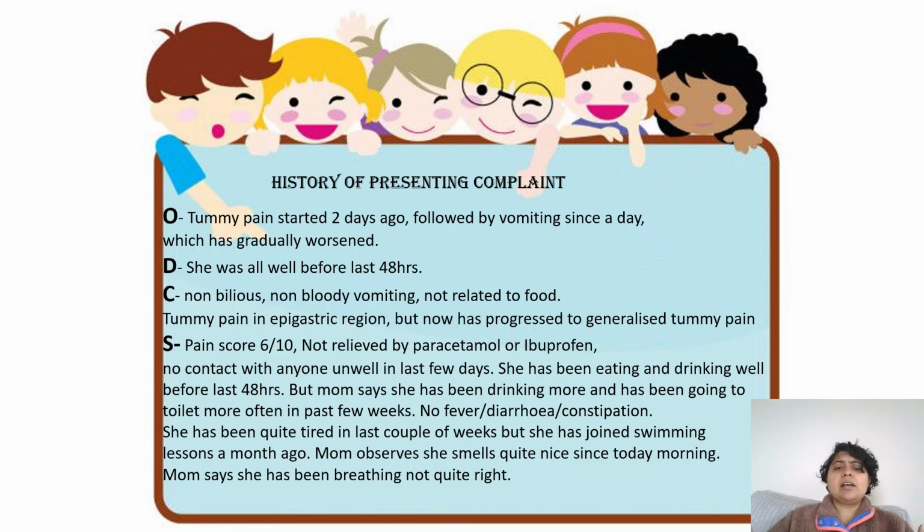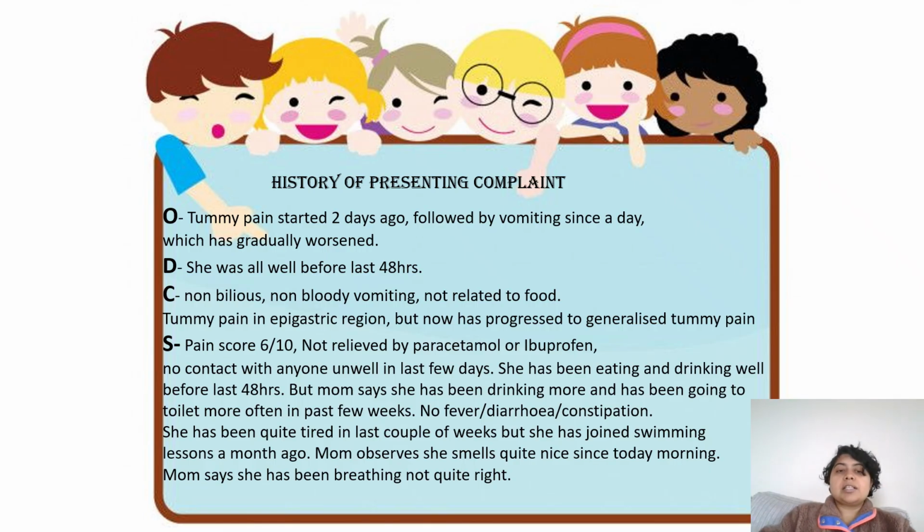Then mom says that she also smells quite sweet since this morning, and she has been breathing not quite right. Mom can't explain what is going on, but because she wasn't breathing quite right, mom has brought her in. So that would complete your history of presenting complaints.